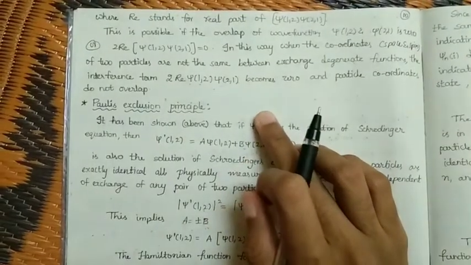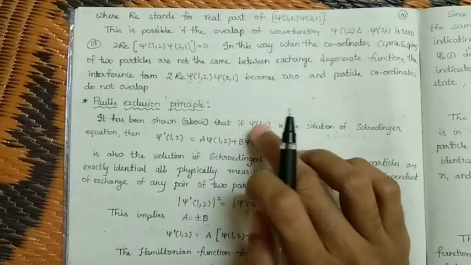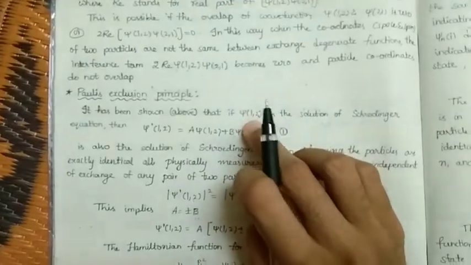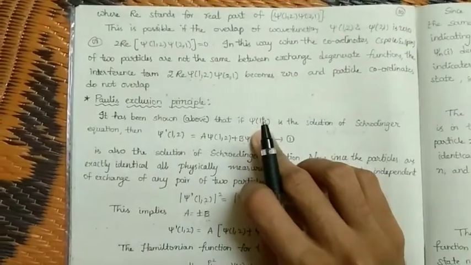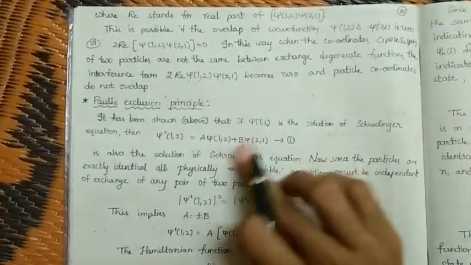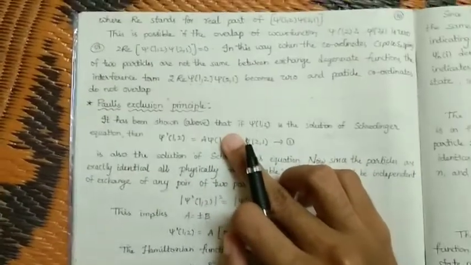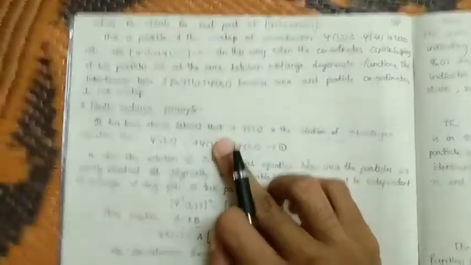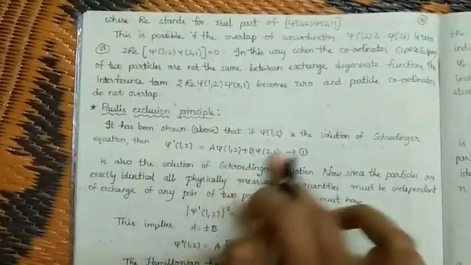Not only that, a linear combination of both psi of 1,2 and psi of 2,1, since 2 factorial permutations are possible for two particles, would also be a solution of the Schrodinger equation. This point had been discussed in the construction of symmetric and antisymmetric wave functions.